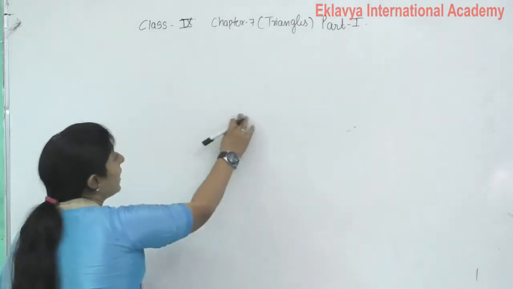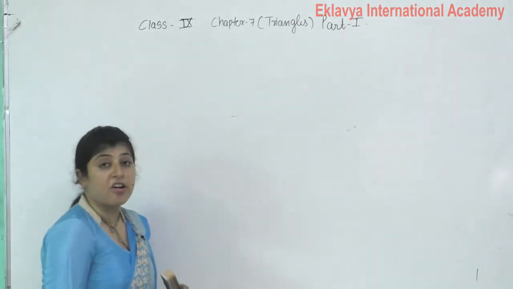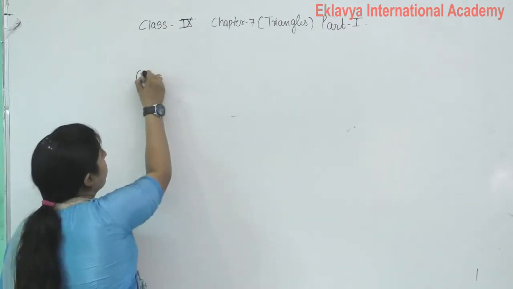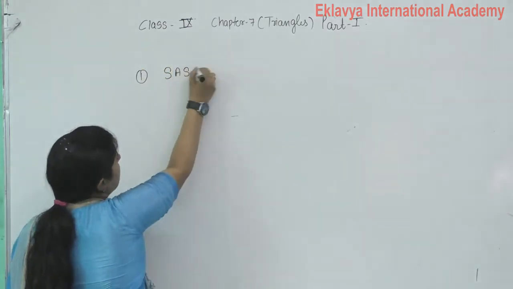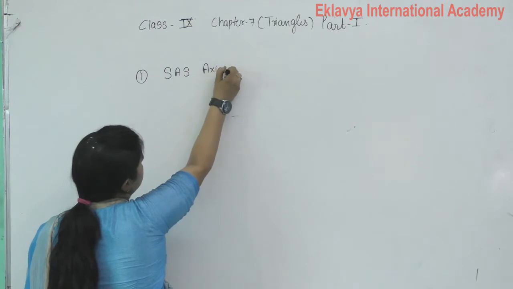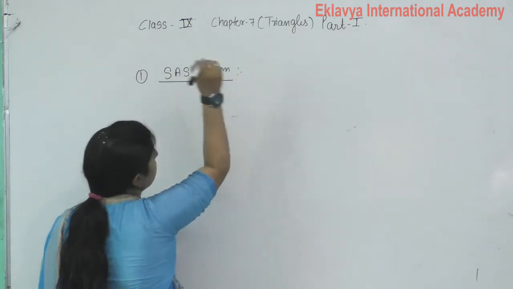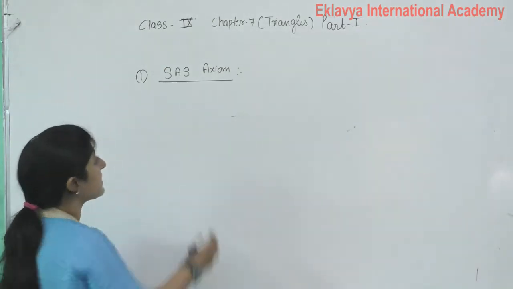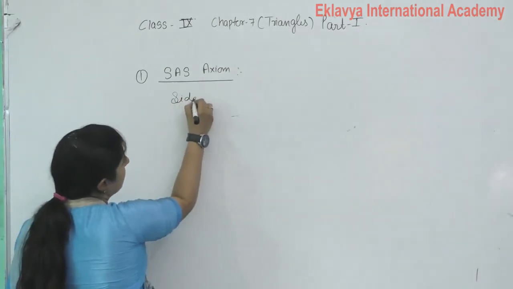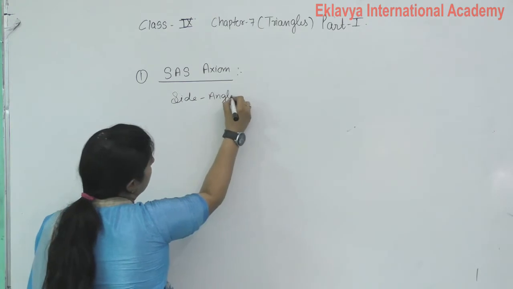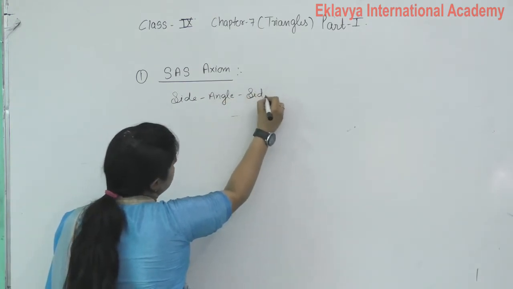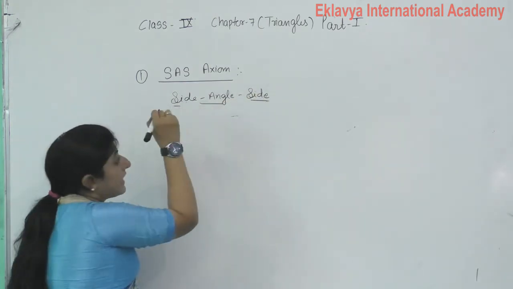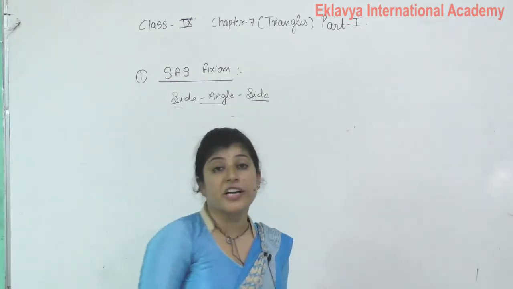Now see, rules for the congruency of triangles. First, the SAS axiom. What is the meaning of SAS? Side, angle, side. What is the statement for it?